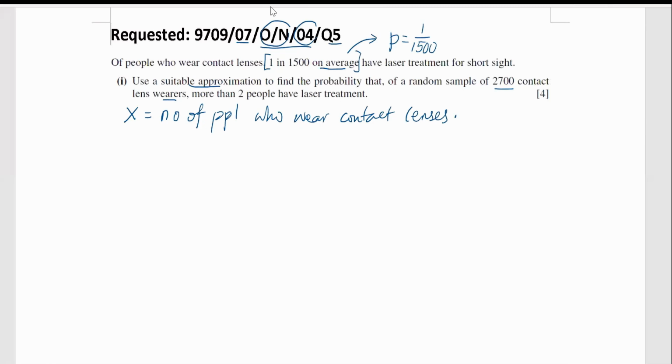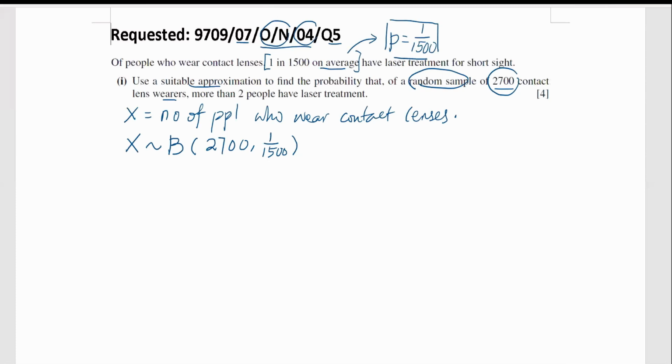This variable follows a binomial distribution because, from a random sample, the keyword being random sample of 2007 contact lens wearers, we have independent trials and a constant probability given in the question at the beginning: 1 over 1,005 contact lens wearers will have laser treatment, so probability 1 over 1,005.